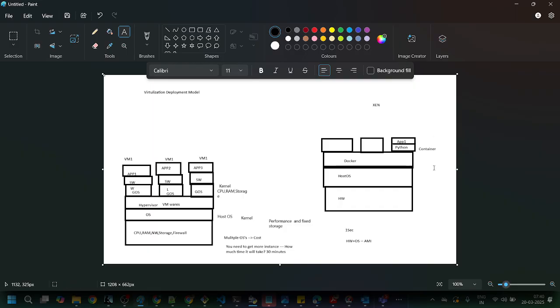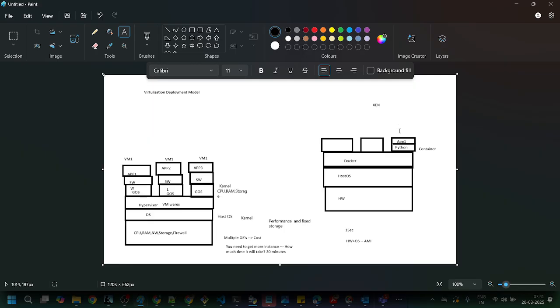The container has the application along with the dependencies and the runtime. Runtime means the component needed to run the respective language application. If it is Java, the Java runtime should be there. If it is Python, the Python runtime should be there. So it has the app, along with the libraries and the dependencies, the software required to run your application.